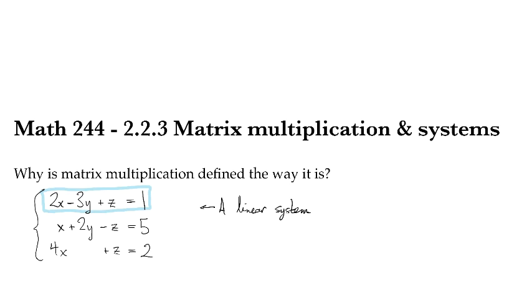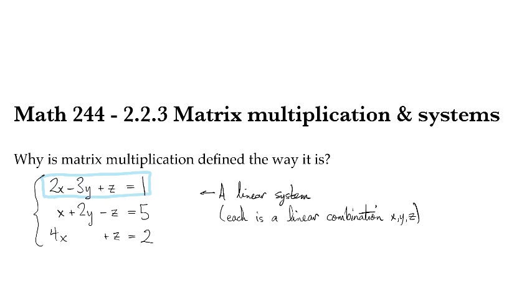All I'm doing is multiplying them by scalars and adding them together. So in other words, each one is a linear combination of the variables x, y, and z being set equal to some value.